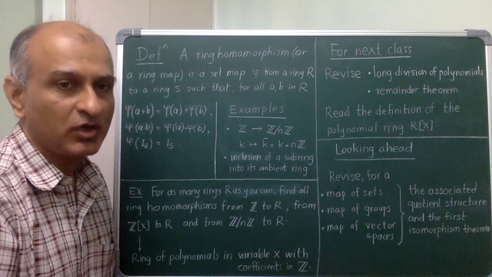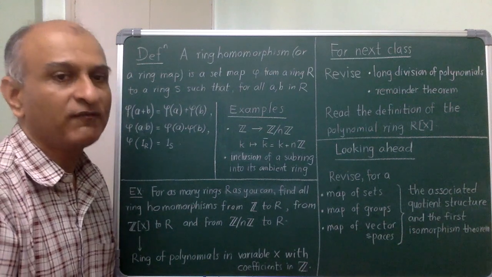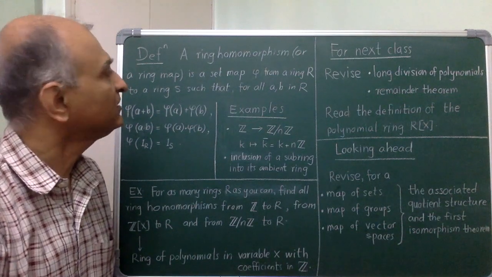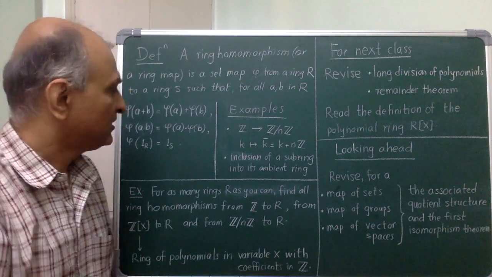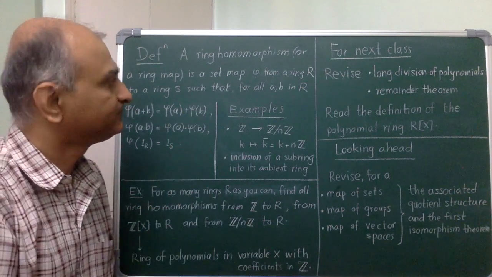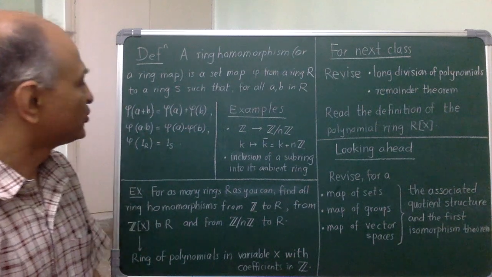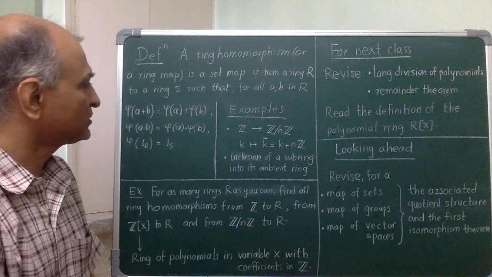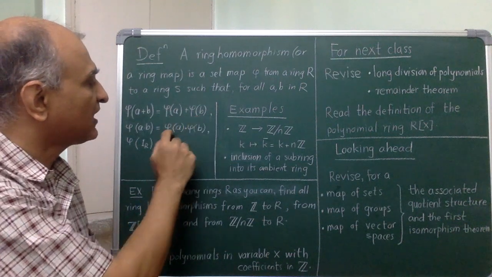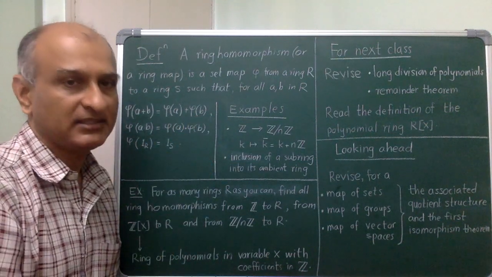This definition should not be surprising in view of the definitions that you have already seen for a group homomorphism and a linear map. So this is in the same vein. Okay. As usual, the operations on the left are the ones in the source, and the operations on the right hand side are taking place in the target.